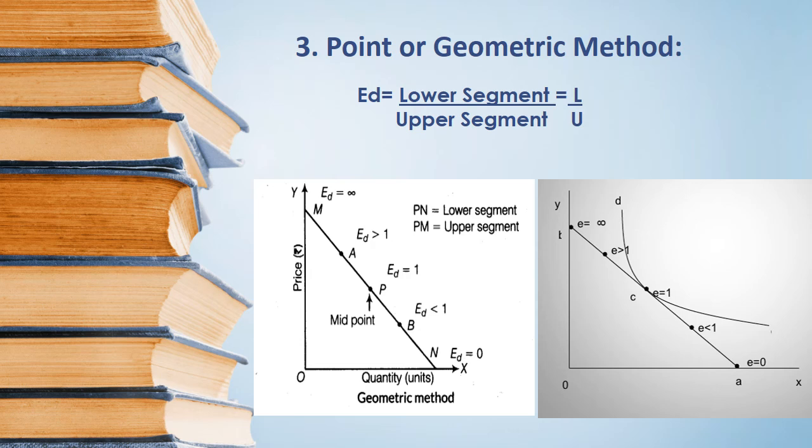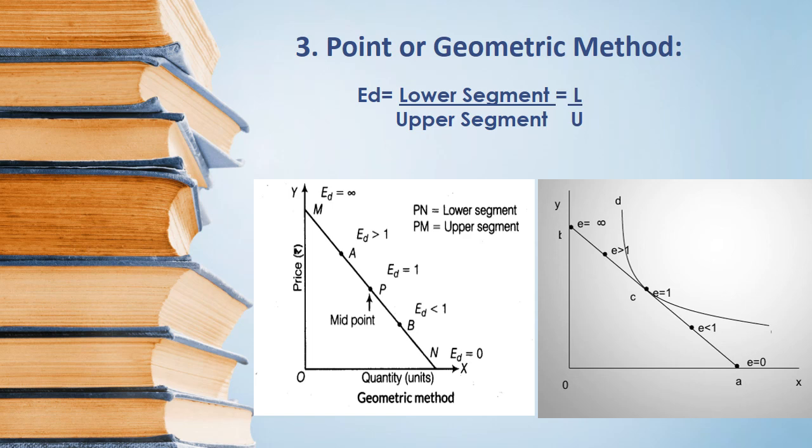The second picture depicts the non-linear curve. When the demand curve is non-linear, that is convex to the origin, to measure the price elasticity of demand, we have to draw a tangent which touches the demand curve, and then accordingly we have to plot the points and use the formula lower segment upon upper segment to calculate the elasticity of demand.